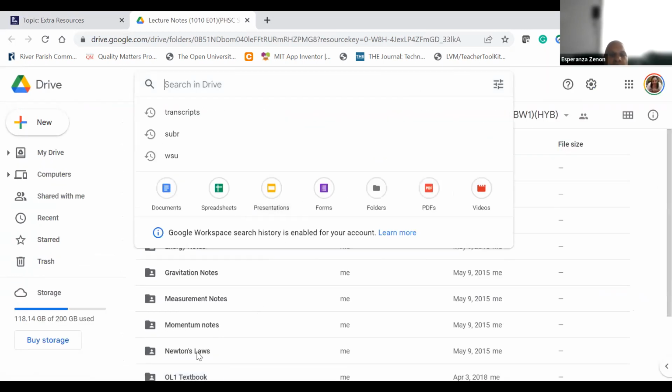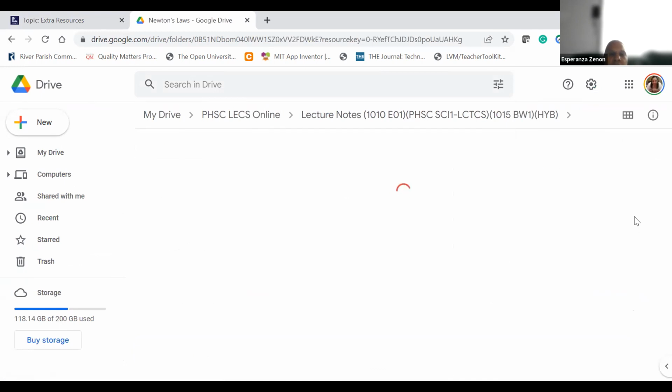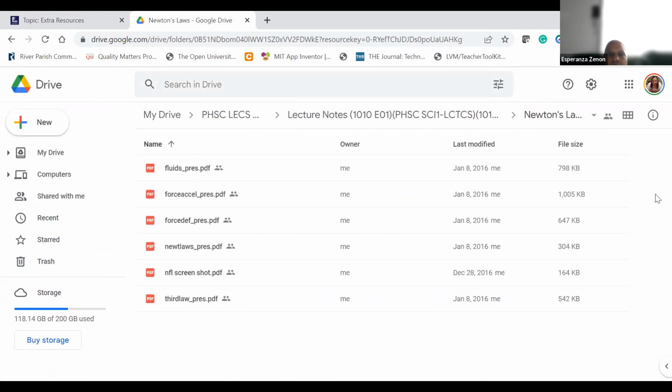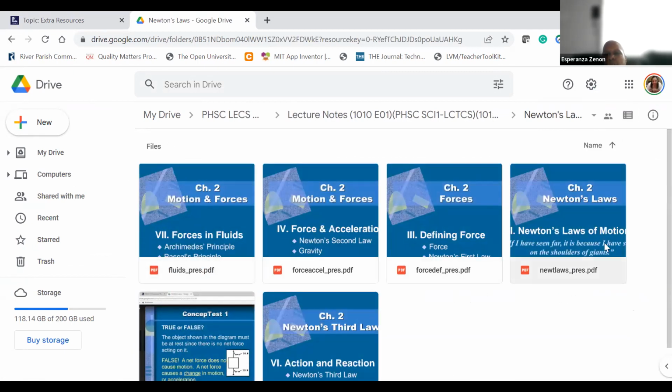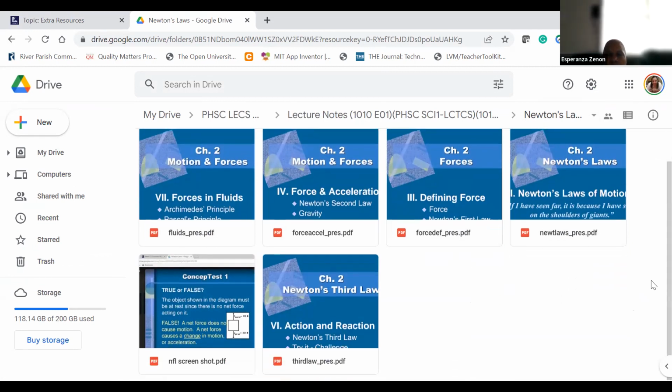So you can see here, there's a folder dealing with Newton's laws. The one on fluids, we don't really focus on that, but there are some good examples worked in this packet.